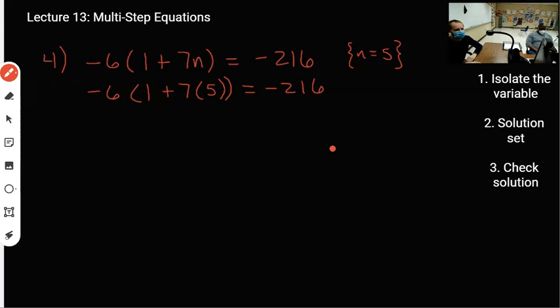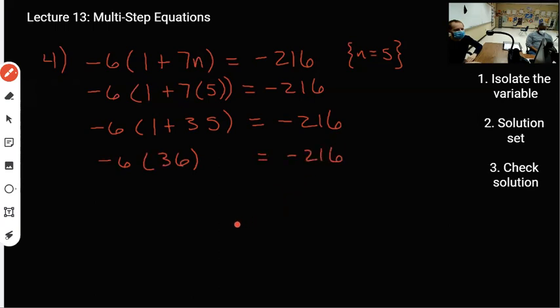So now I need to work inside the parentheses first. 7 times 5 is going to give me 35. 1 plus 35 is going to give me 36. And then negative 6 times 36 is going to give me negative 216.